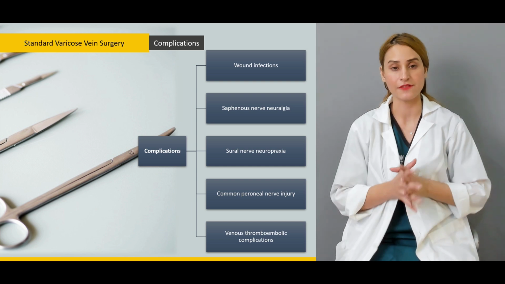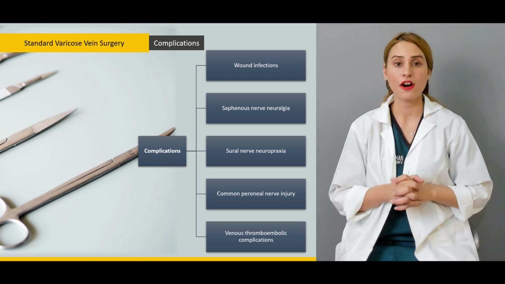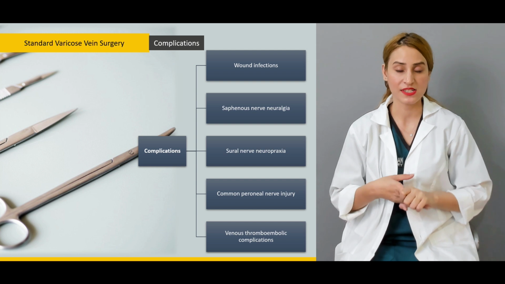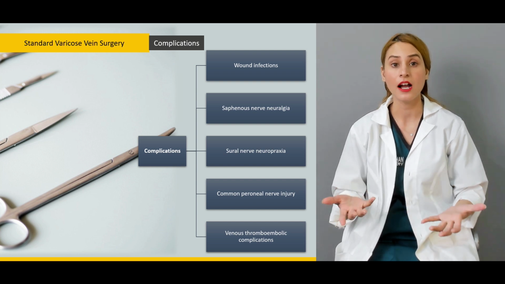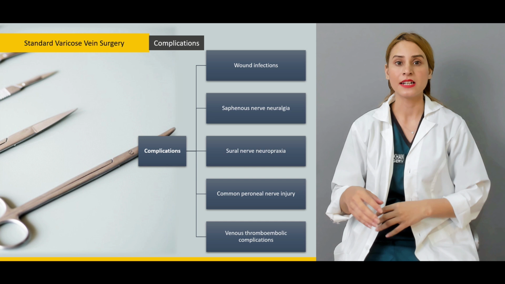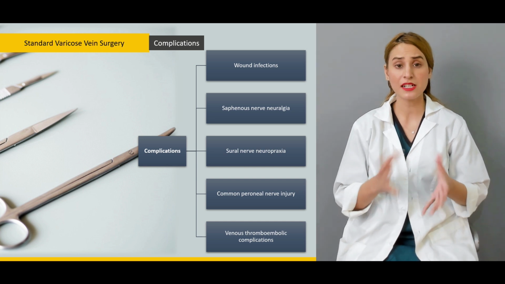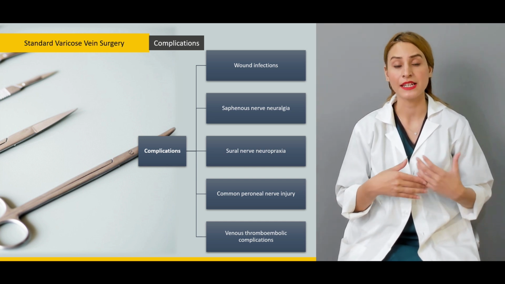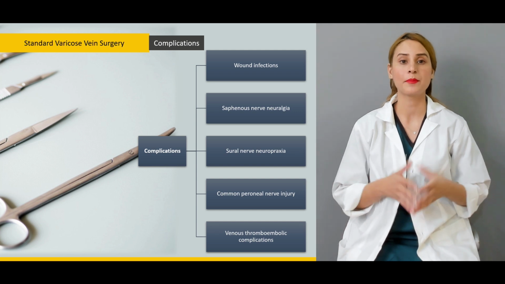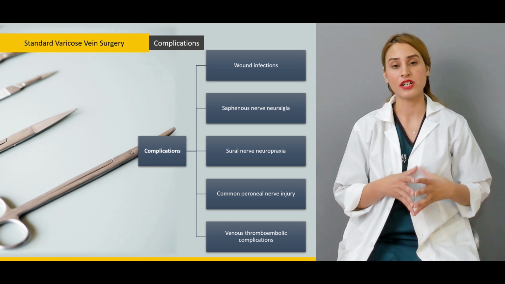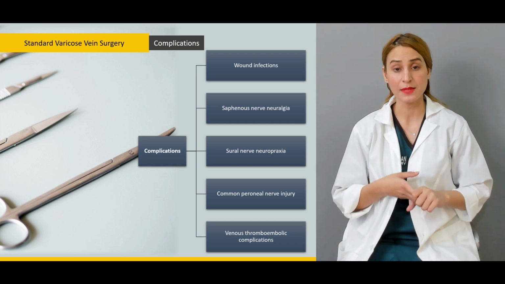But the first and foremost thing you have to do in a patient who's coming to you with varicosities is the compression stocking, and then depending upon the saphenopopliteal junction incompetence or saphenofemoral junction incompetence. So this is the thing you have to keep in mind.